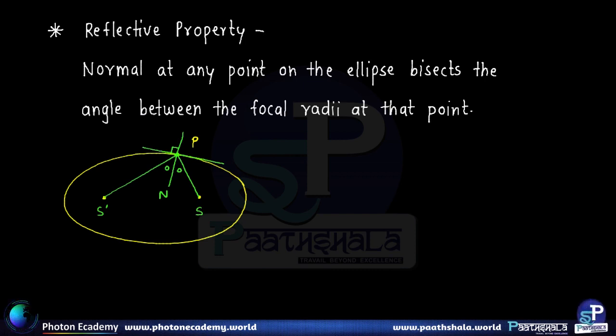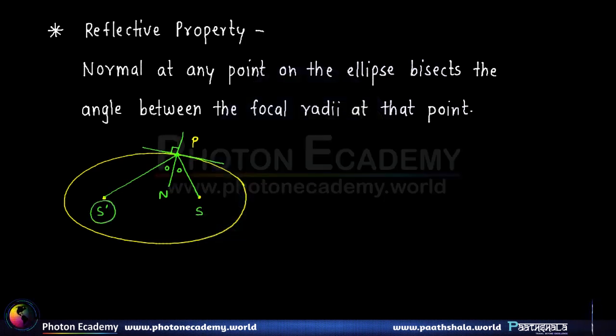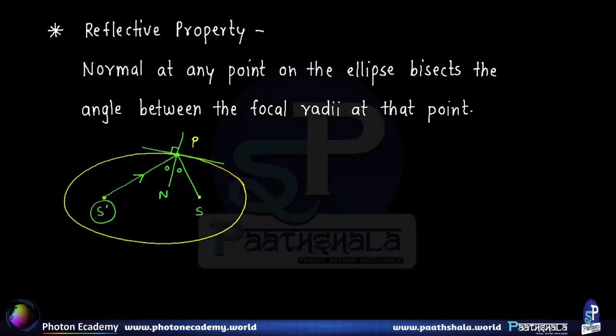Now why this is called the reflective property is because suppose you keep a light source at some focus, say S dash, and any ray that emanates from that gets reflected internally from the wall of the ellipse, considering that the ellipse is internally a concave mirror, then on reflection the reflected ray will always pass through the other focus.